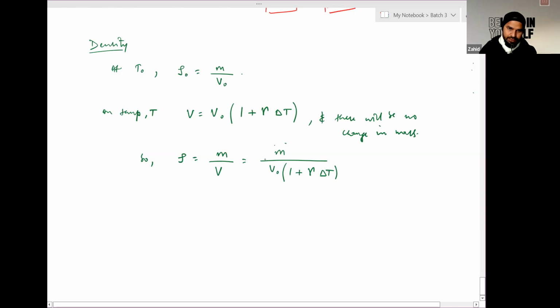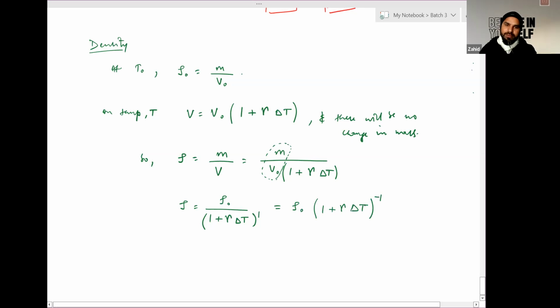Now this particular ratio, mass divided by V naught, is nothing but rho naught. So we may write it as rho equals rho naught divided by 1 plus gamma delta T, having exponent 1. If you move this denominator to the numerator, its exponent will become minus 1. So we may write it as rho naught into 1 plus gamma delta T to the power minus 1.